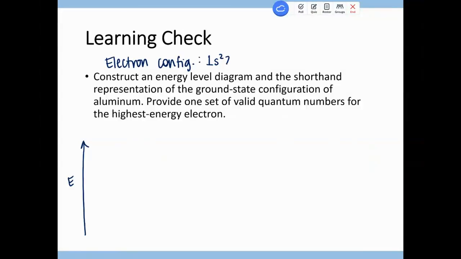We have a full 1s shell, a full 2s shell, a full 2p shell, where 6 electrons are held in p orbitals, a full 3s shell, so 2 electrons, and then 1 electron in the 3p shell. Questions on how I got that? I want to make sure everyone is good with electron configurations.